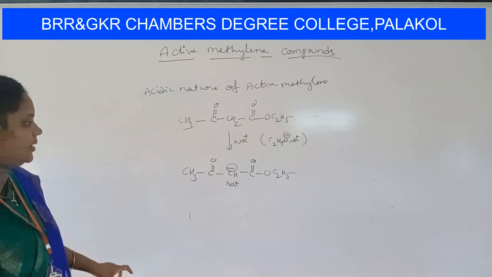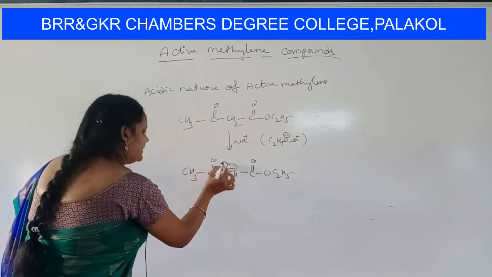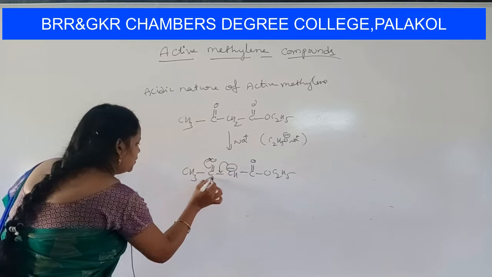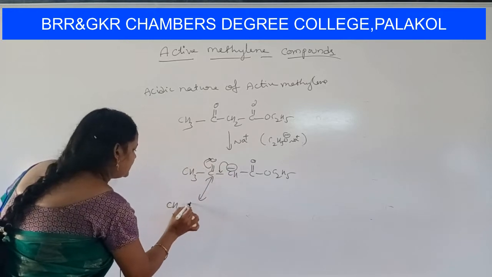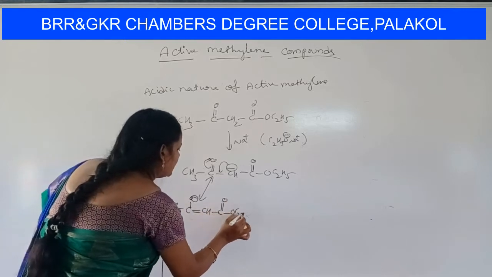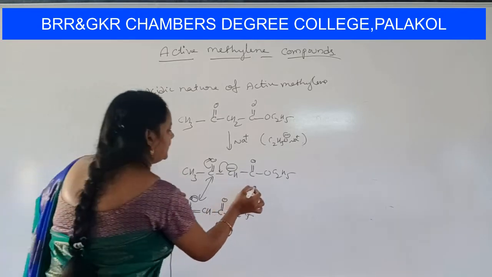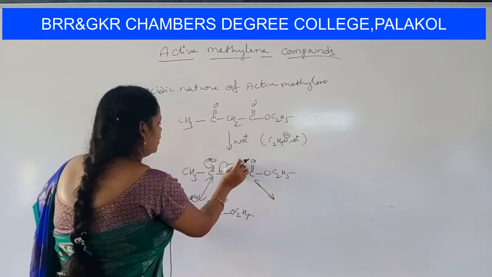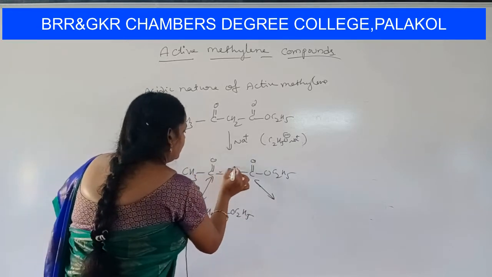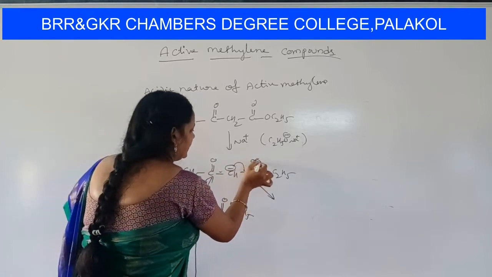A carbanion is formed. So it can form resonating structures. If this minus charge becomes a bond here, and this bond becomes minus charge, you will get CH3 C-O- double bond CH, C=O OC2H5. Right? We can form these resonating structures. Or, if you do it the other way, if the minus charge is displaced here, the double bond is formed here and O-.